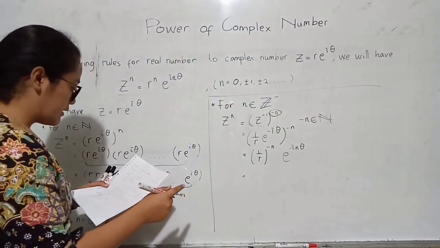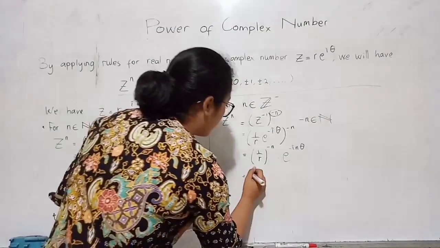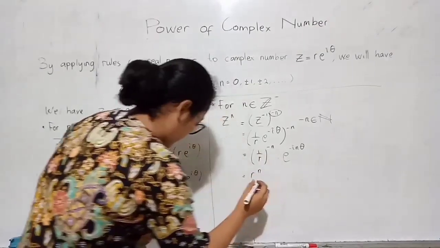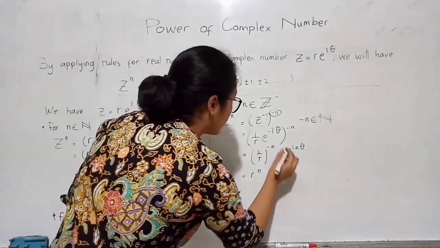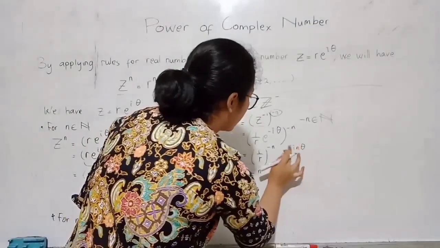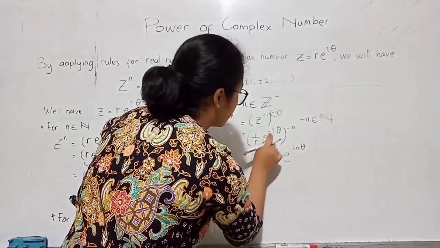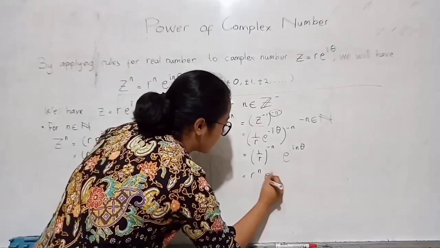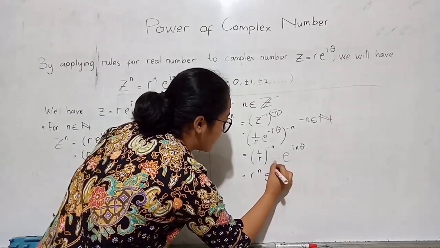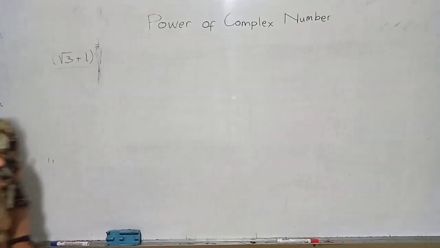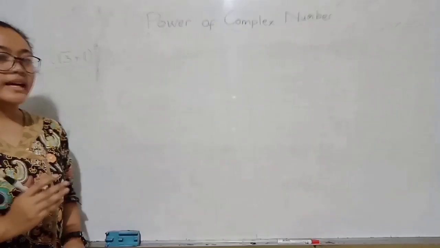And for the next, it will become r power n. I'm sorry, this one should be plus, because minus times minus is plus, times exponential i n theta. And we move to the example.